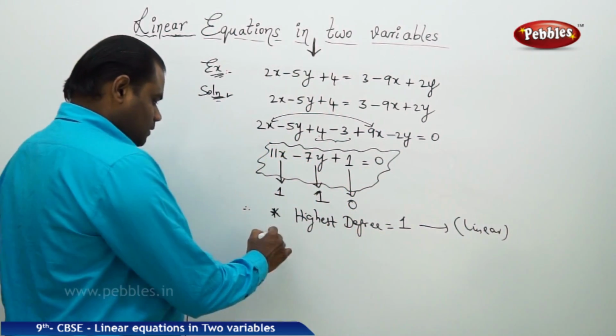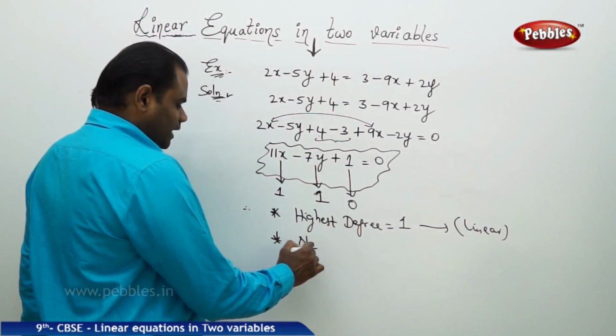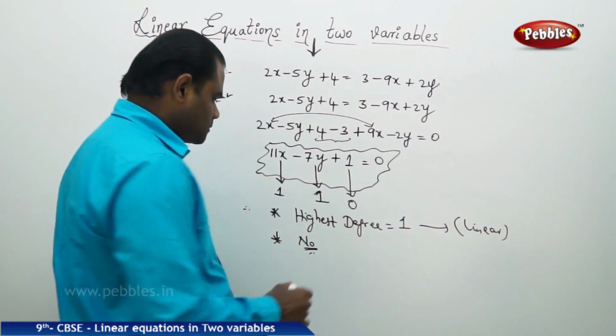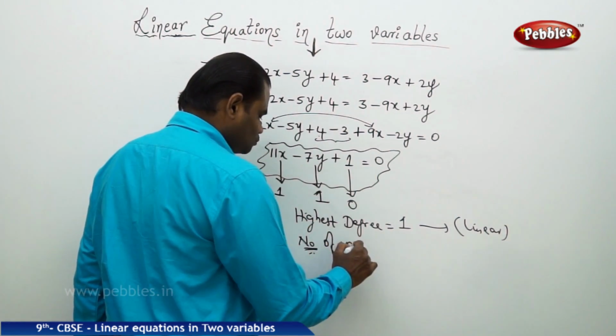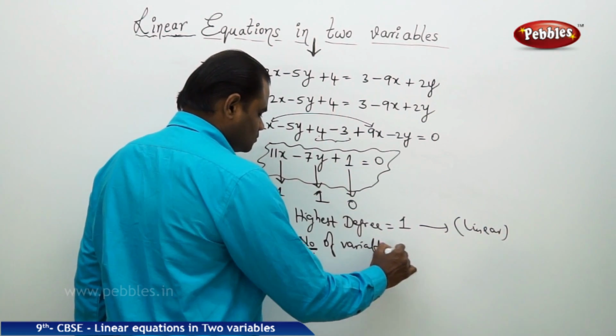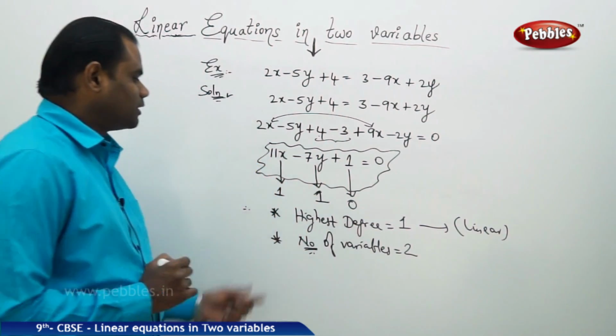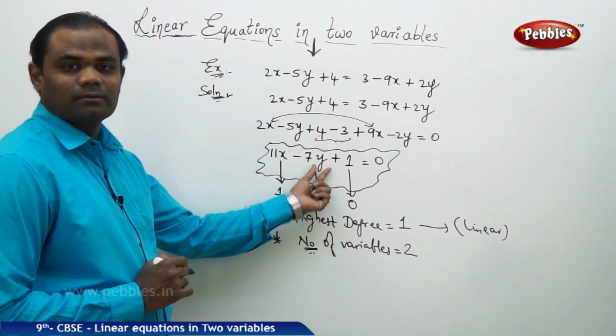Next, rule 2, identifying the number of variables. I clearly see that there are two variables x and y.